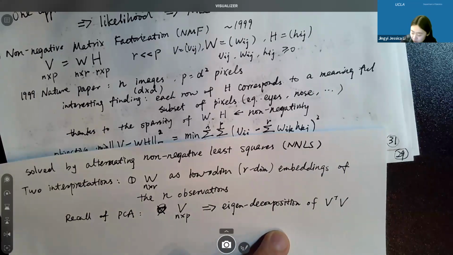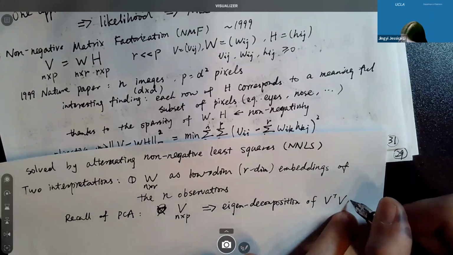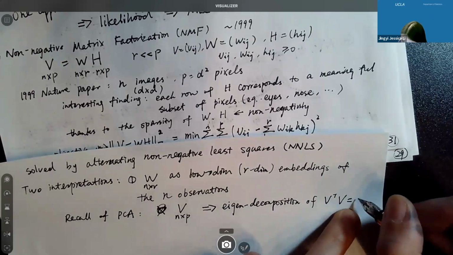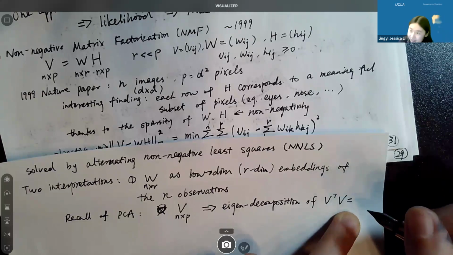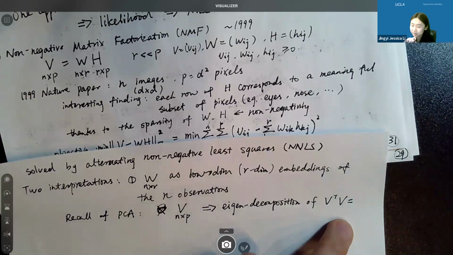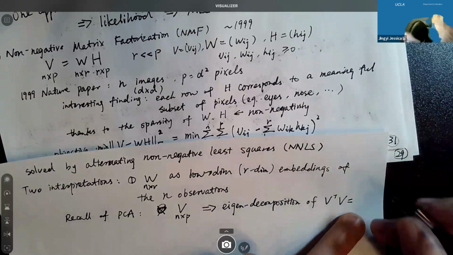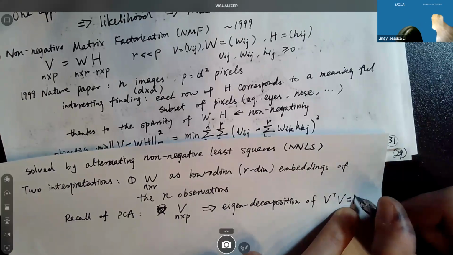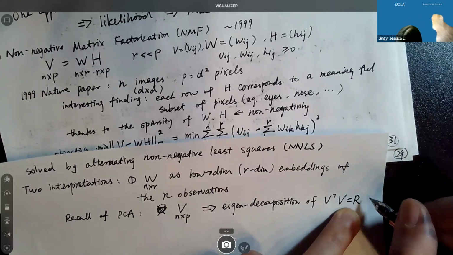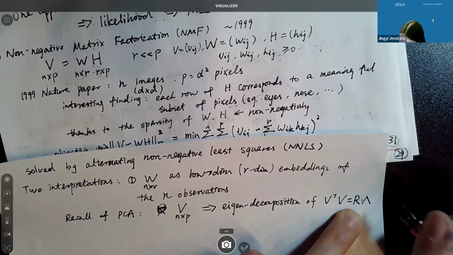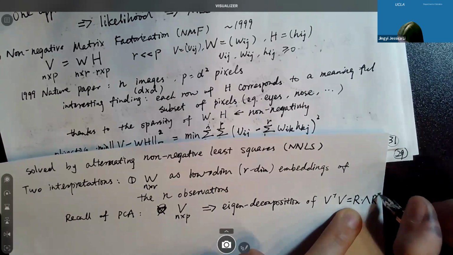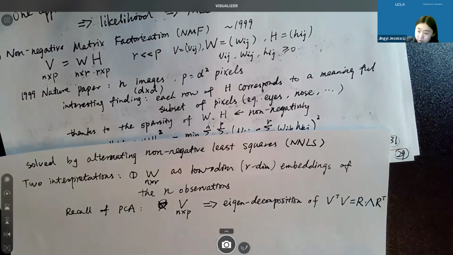I used V already, that's the problem, because in the eigen decomposition we often use V as the matrix. Let me see what else I can do. Let me just do R times this Lambda, which is the diagonal matrix, times R transpose. That's one way to do it.